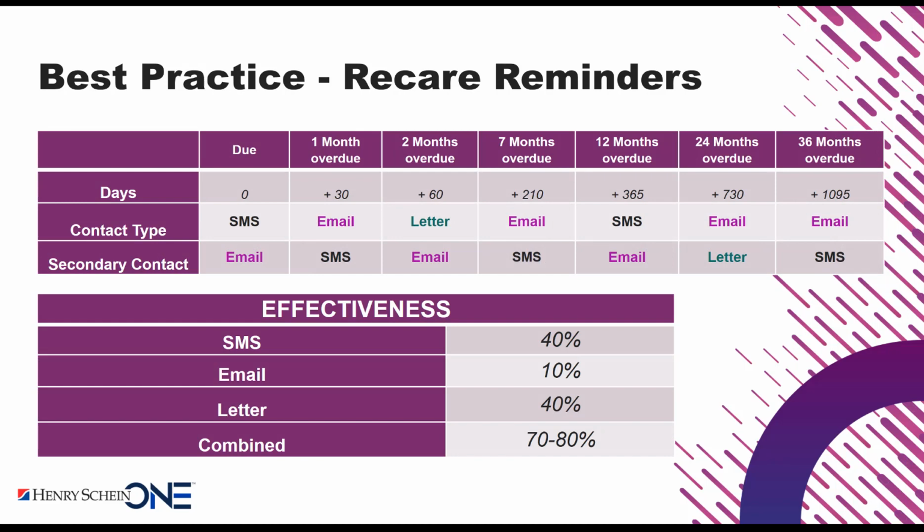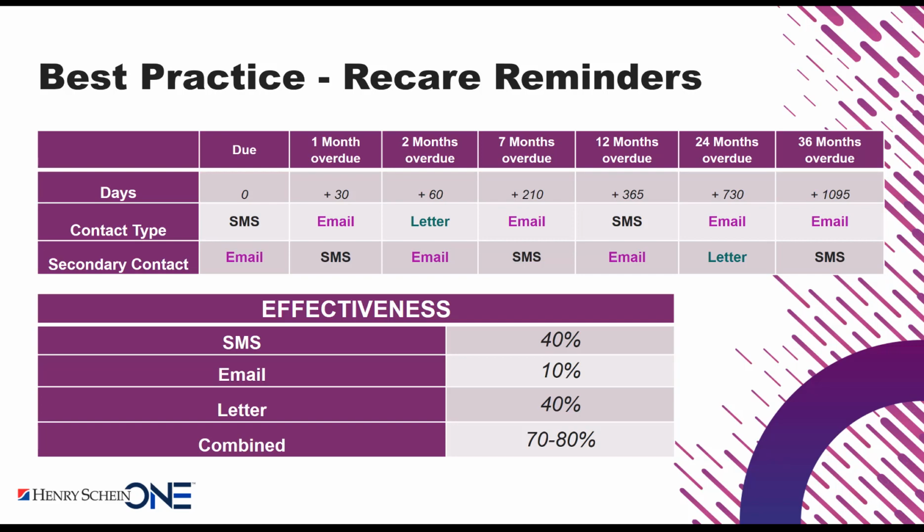Through prior experience and research, we have been able to conclude that best practice is to recall 3 times using 3 differing communication methods. As you can see, based on this schedule here, there is SMS, email, and letter communication types. Now, evidence suggests that practices using this strategy were found to be twice as likely to gain recall success rates in excess of 75% when compared with practices that don't vary their recall communications at all.